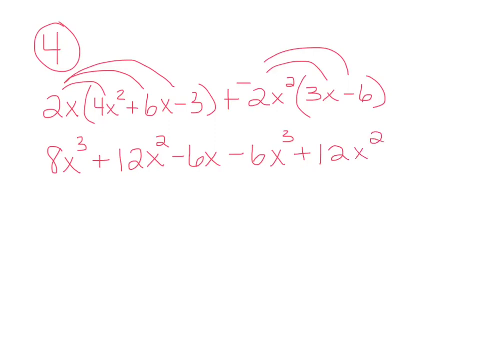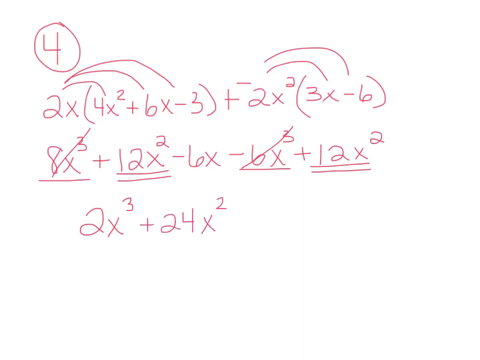Now we look for any like terms. There's an 8x cubed and a negative 6x cubed. That gives you 2x cubed. A 12x squared and a 12x squared gives you a 24x squared. And then just minus the 6x, because that doesn't go with anything.